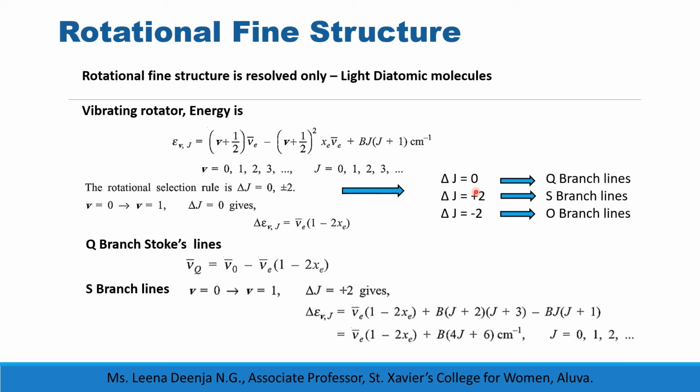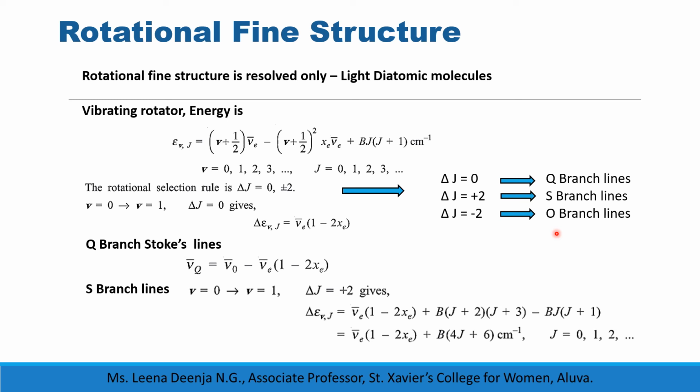When delta J equals 0, that branch of lines is Q. Delta J equal to plus 2 is the S branch. Delta J equal to minus 2 is the O branch. In a particular vibrational energy level, there are a number of rotational energy levels.